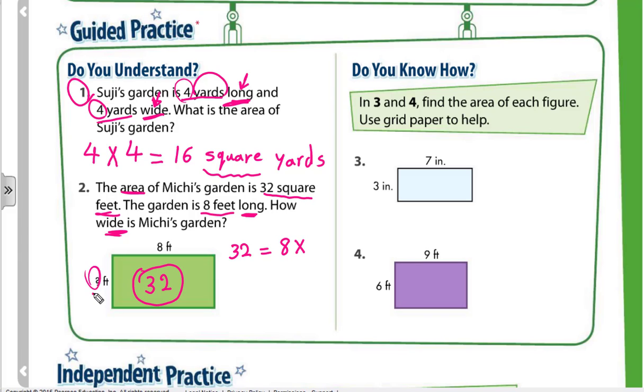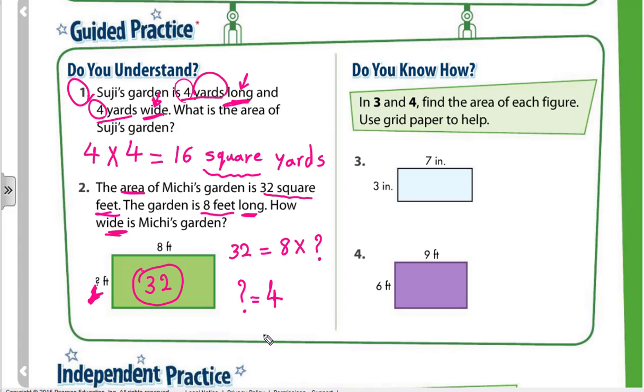We use a question mark for the number that we don't know. Can you tell me the value of the question mark? Use division, of course. 32 divided by 8 equals 4. Great.